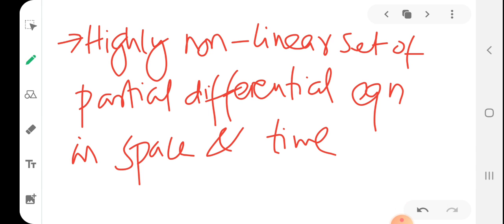So our governing equations are a non-linear set of equations. They are even partial differential equations, not algebraic equations, in both space and time. Space means the independent variables x, y, z, and time t. So there are four different variables.